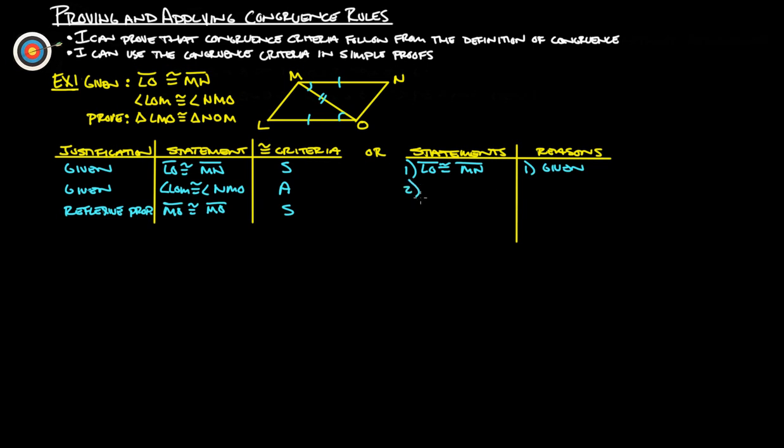Okay, we also know that angle LOM is congruent to angle NMO, also given. We figured out that MO is congruent to MO. And that is because of the reflexive property.